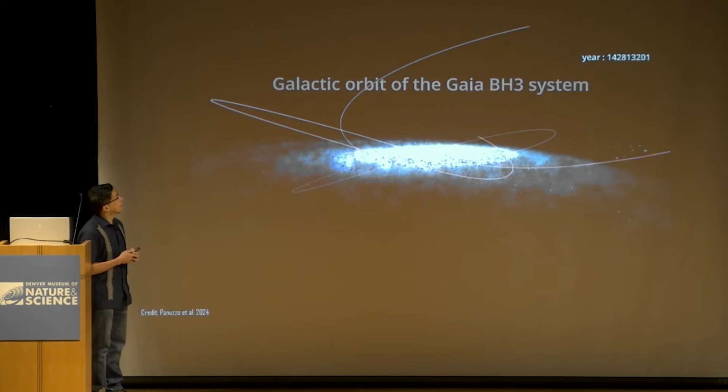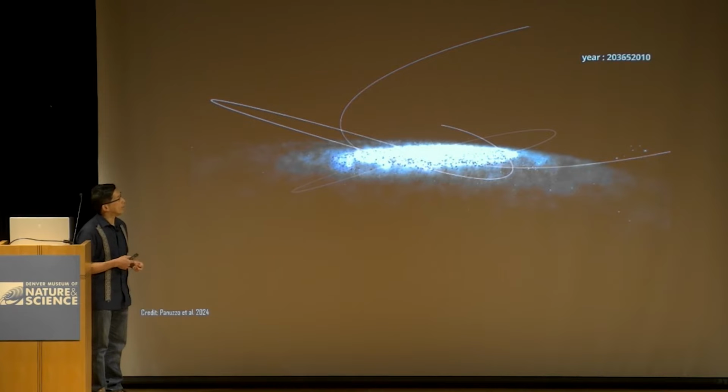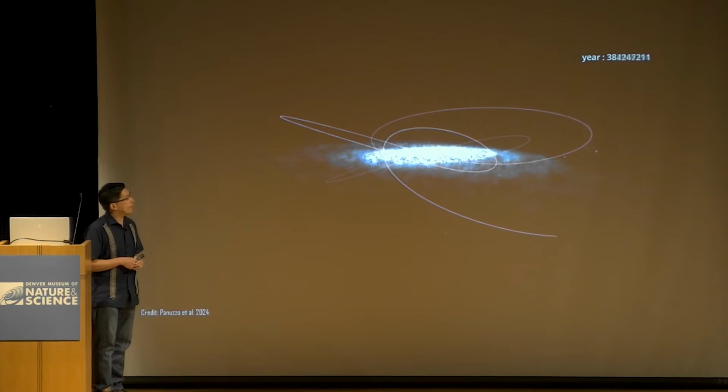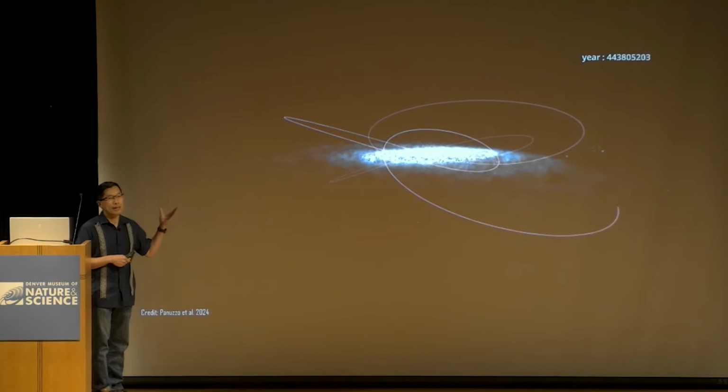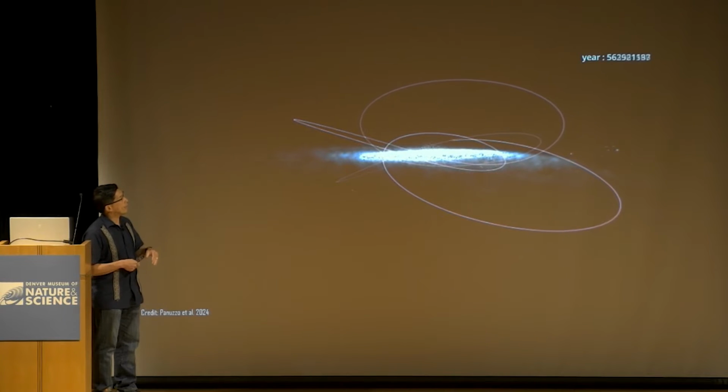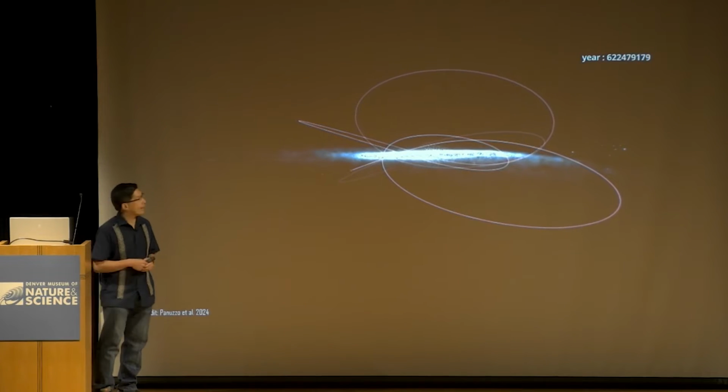Okay, here is a look at the orbit of this system. Even though it looks like it's in the plane of our galaxy, when they examine the velocity and motion of this pair, it turns out they're actually orbiting well outside of the galactic plane.